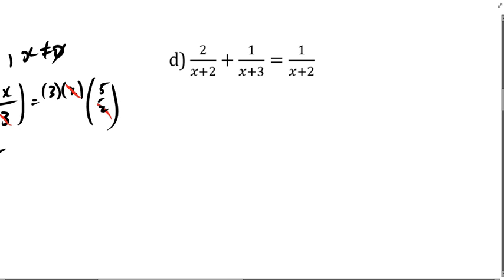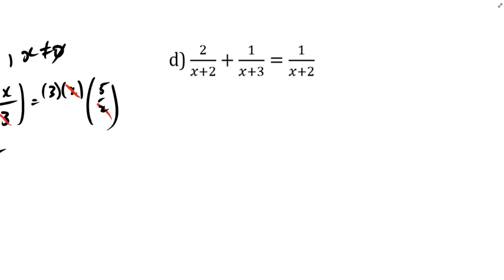One more here. So what's my common denominator? I've got an x plus 2 and an x plus 3, so my common denominator would be the product of those, x squared plus 5x plus 6. But I don't want to multiply everything by that, right? So this is what I was kind of talking about.